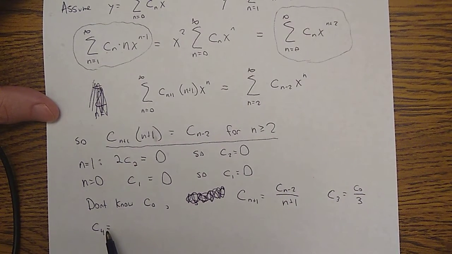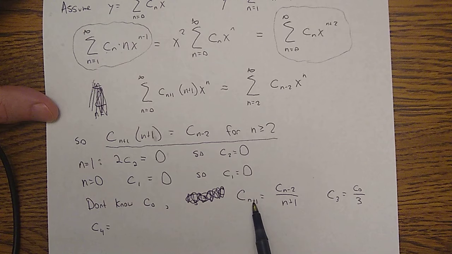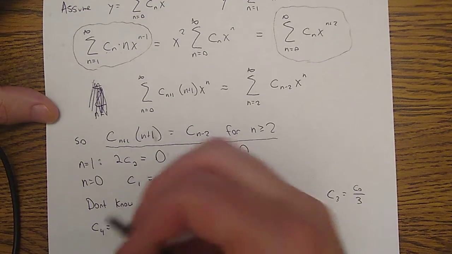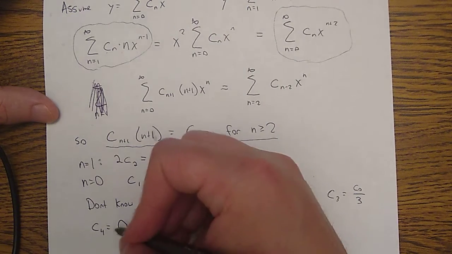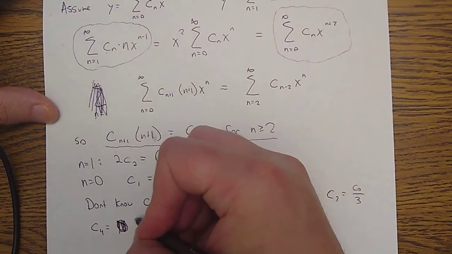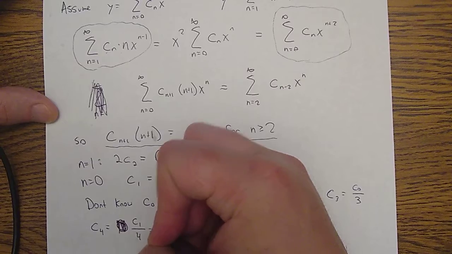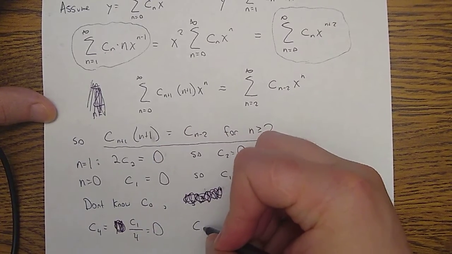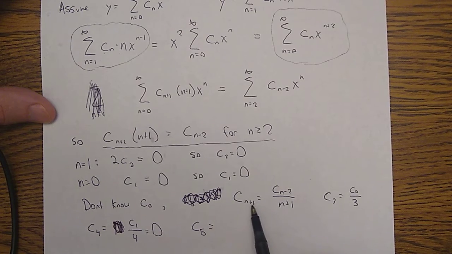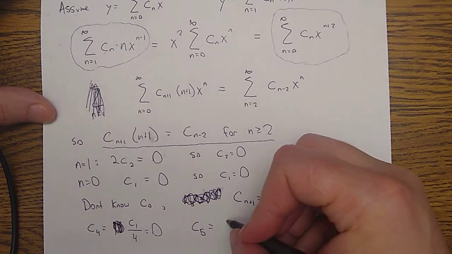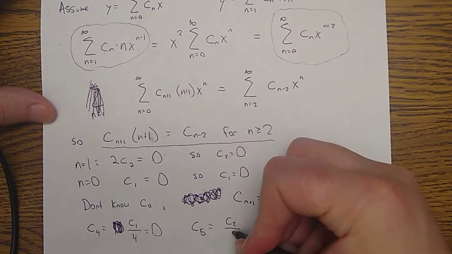So let's talk about C4. For C4, I'm putting in 3 for n, so that should be C1 over n plus 1, but C1 is 0. Let me show my work there. It's C1 over 4, which is 0. C5, using this formula with n equals 4, should be C2 over 5.